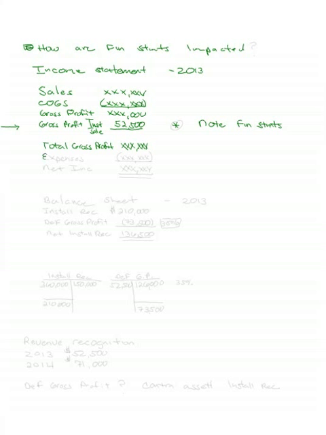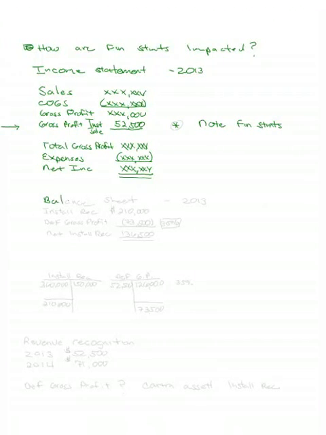Then you would finish the income statement normally, subtracting whatever expenses are left off, and then determining after that net income. So, in answer to the question, how are financial statements impacted? For the income statement, we add one line where we insert gross profit that is earned from installment sales.